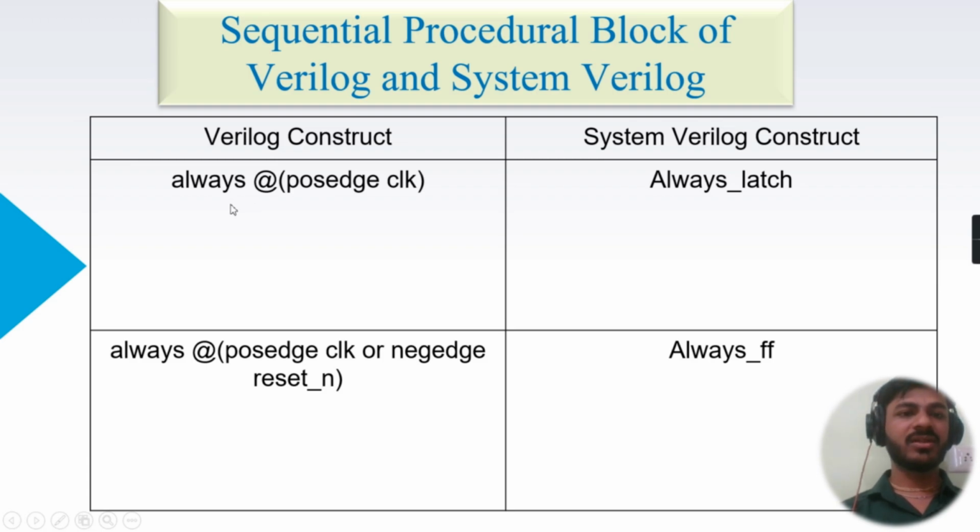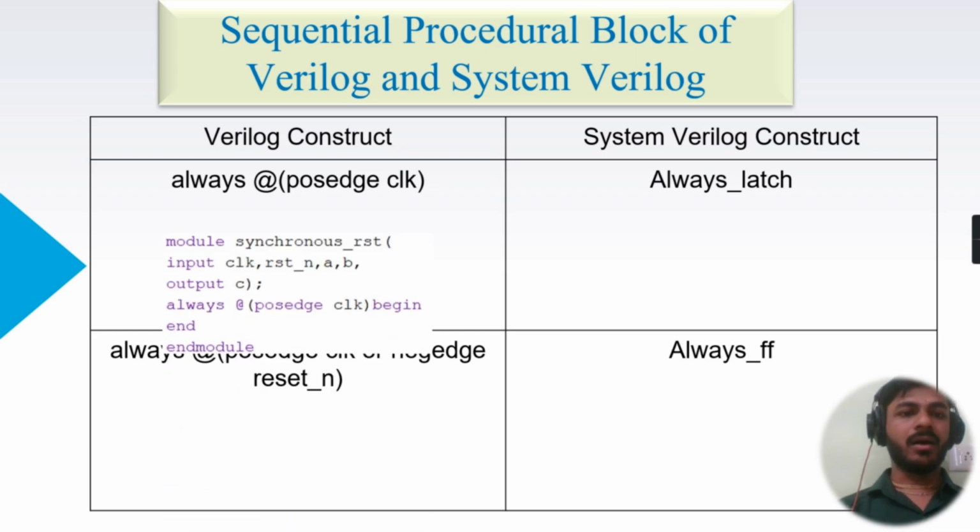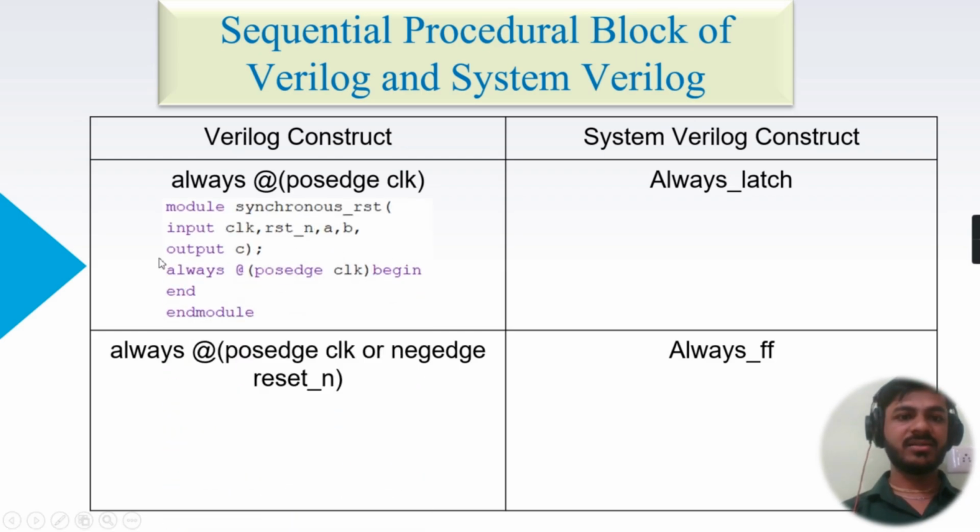The first procedural block available in Verilog is always @ posedge clock. Basically, this acts as a synchronous reset, and it will execute the logic based on the positive edge of the clock only. Below that, you can see this is the syntax used for always @ posedge clock.